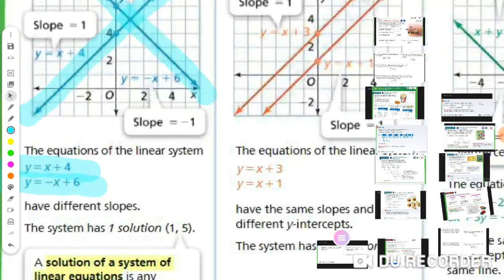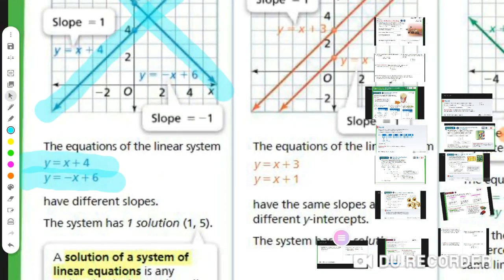As you see, this is the system of linear equations. The slope of the first one equals what? I search for the number beside x. It's 1. And the slope of the second equation: I search for the number beside x. It's negative, meaning -1.